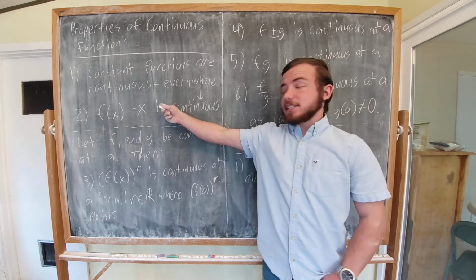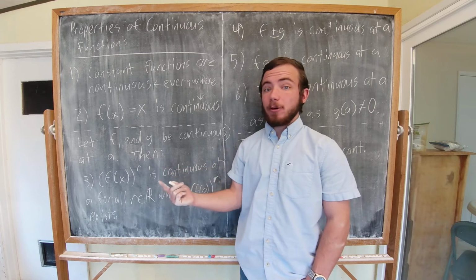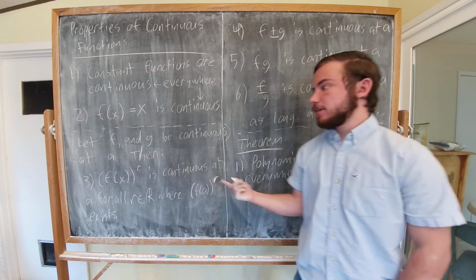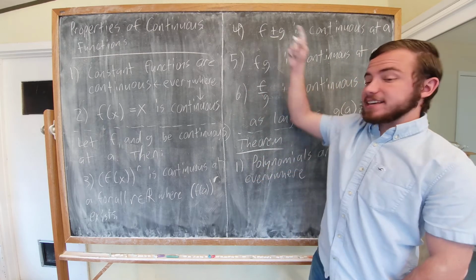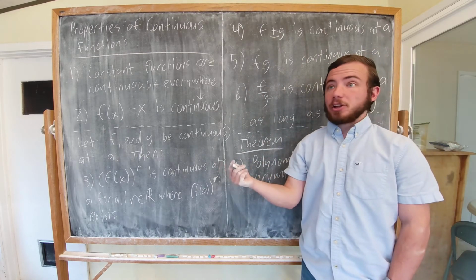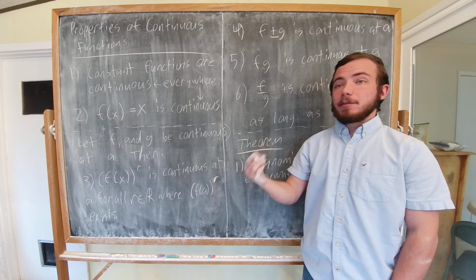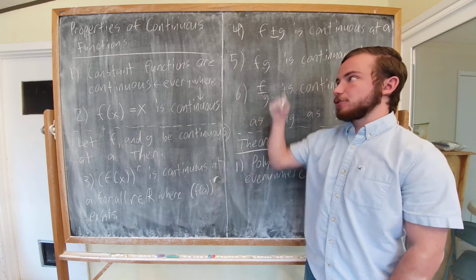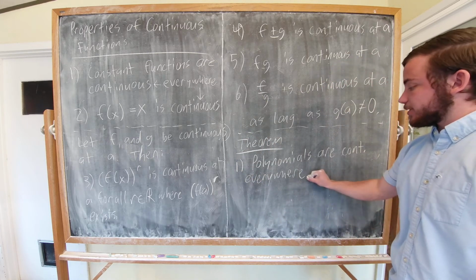Well, if x is continuous, and x to any positive integer power is continuous, constants are continuous, and I can add together continuous functions, that's all the parts of a polynomial, right? Because a polynomial is specifically a sum of x to natural number powers and constants. So those will be continuous everywhere.